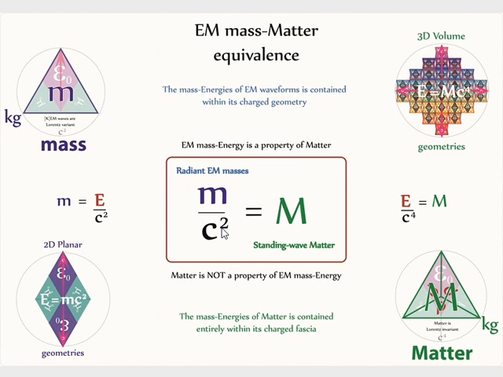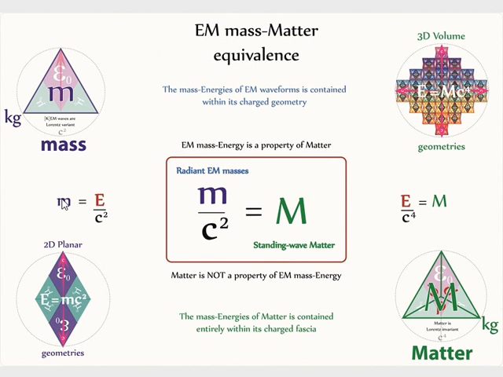Another way to write that would be that E equals matter divided by c to the fourth, or E equals mass divided by c squared. As you become more familiar and get your head around the difference between mass, matter, and the geometries, you will come to accept this and understand that there is a distinction between mass, energy, matter.